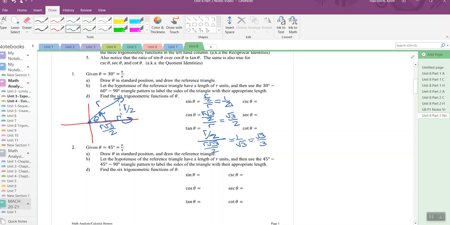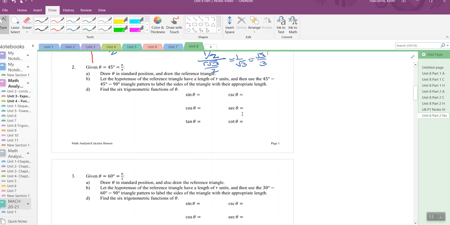For the reciprocals, you just flip 1/2, you get 2. Flip rad 3 over 2, you get 2 over rad 3, which rationalizes to 2 rad 3 over 3. And then for the cotangent, 1 over rad 3 flips to rad 3. All right, so those are your six trigonometric functions.